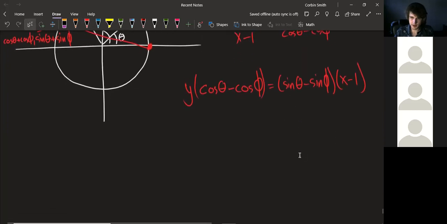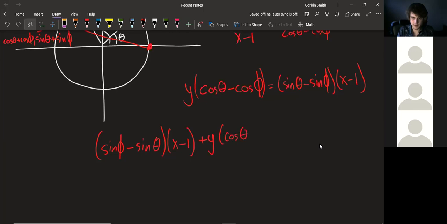And I'm going to rewrite this by moving everything over to the other side. So we have sine phi minus sine theta times x minus 1 plus y times cosine theta minus cosine phi is equal to 0.